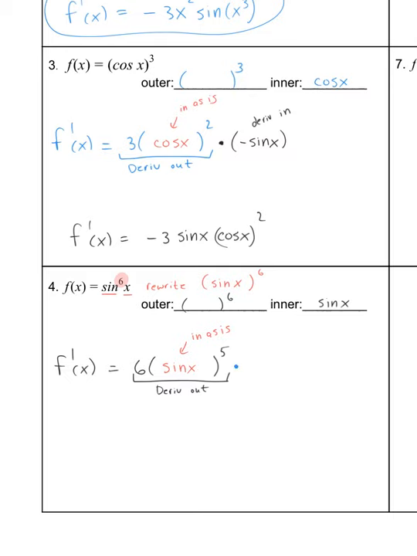The derivative of the sine is the cosine of x. So that is our derivative of the inner function. Really, there's nothing to simplify there. You just are kind of done. 6 sine of x all to the 5th times the cosine of x.